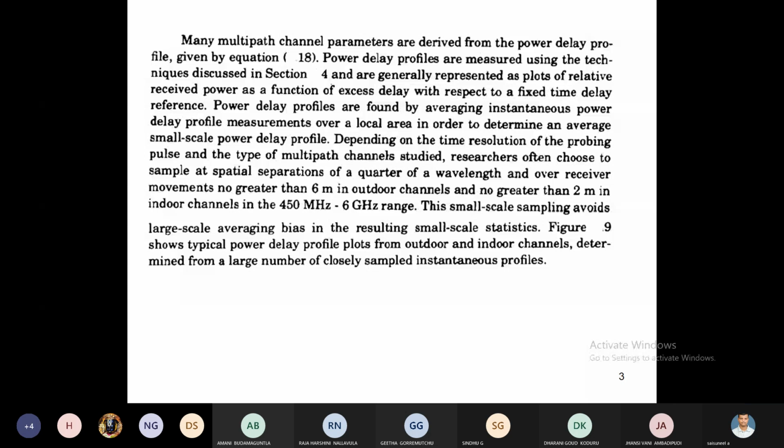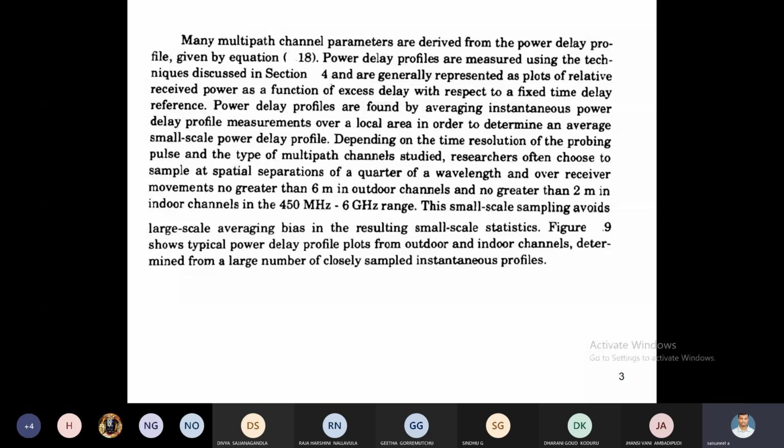Here, these multi-path channel parameters mainly depend upon the power delay profile. What is a power delay profile? The name itself shows power, nothing but it depends upon the signal strength, how much signal strength is received by the mobile unit. A line of sight path coming from base station to mobile station, or transmitter to receiver, is good.